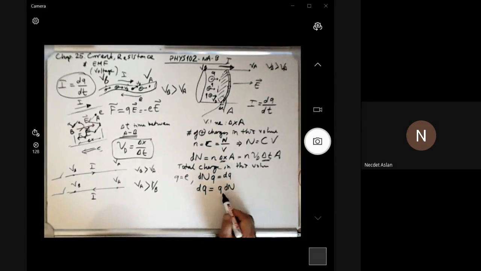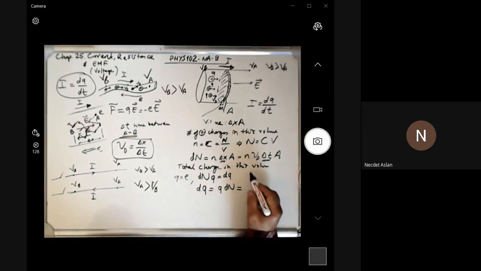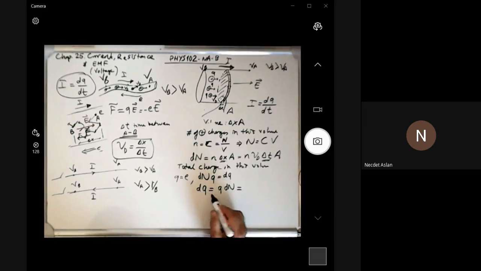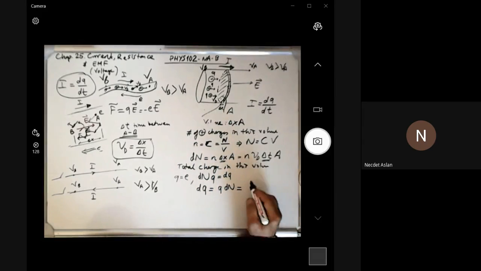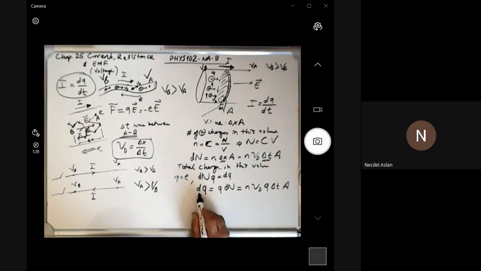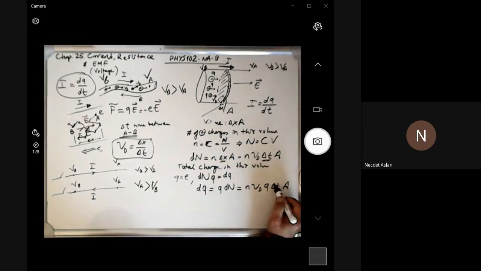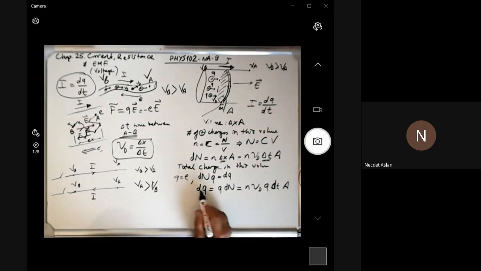So from this, we see that if we multiply this expression by charge, we get dq, because we are coming to current. So n Vd q times delta t A. Instead of delta t, it's better to write dt, because we have dq there.